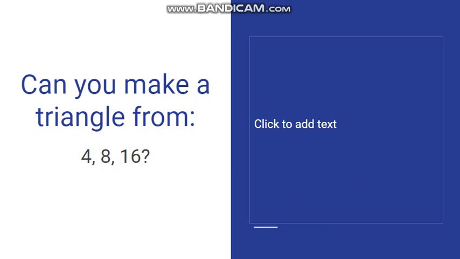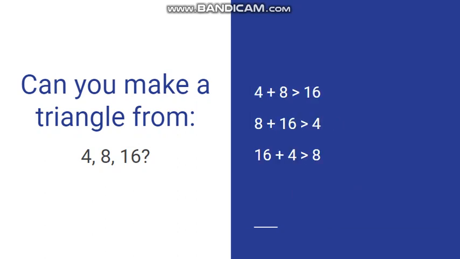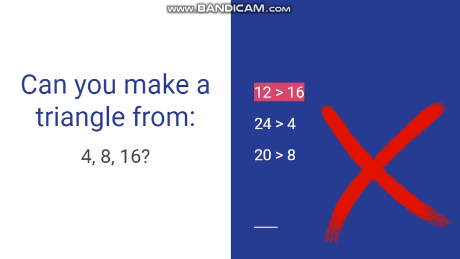What about 4, 8, and 16? We set them all up again. We do our addition. However, 12 is not greater than 16. 4 plus 8 is not greater than 16. So we would not be able to make a triangle from those three sides. If I cut out strips, you'd be able to see that this was true.